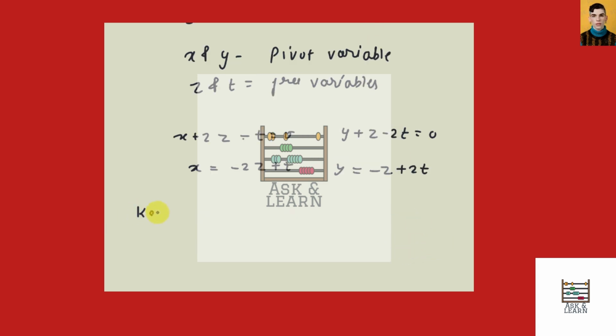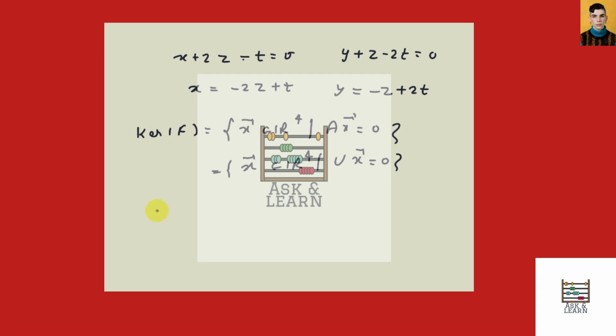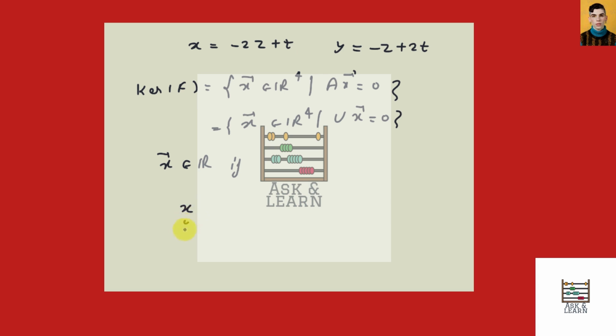Now the kernel of f is the set of x bar belonging to R^4 such that A x bar equals 0, which is equal to the set of x bar in R^4 such that U x bar equals 0, since A is equivalent to U. So all elements x bar = (x, y, z, t) = (-2z + t, -z + 2t, z, t).